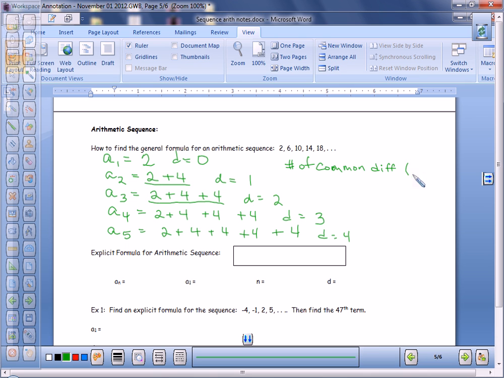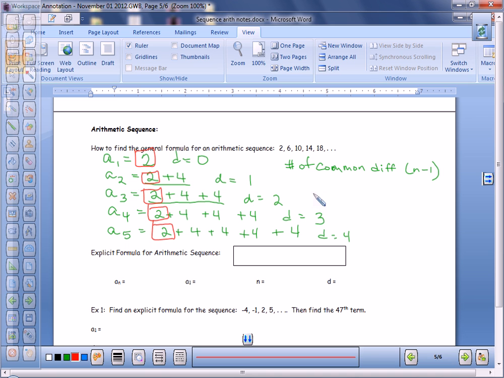So that's for everything? Okay, so let's try to write this out now. What else does every single one of these have in common? A 2. Yes. If we were coming up with a formula, which one of these represents the 2? The first term, a sub 1.